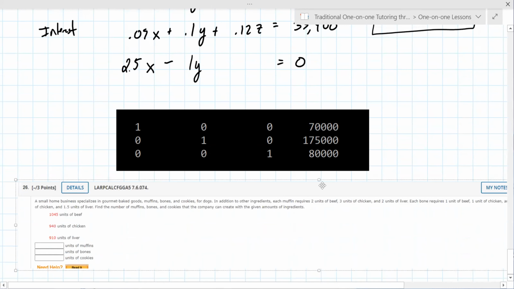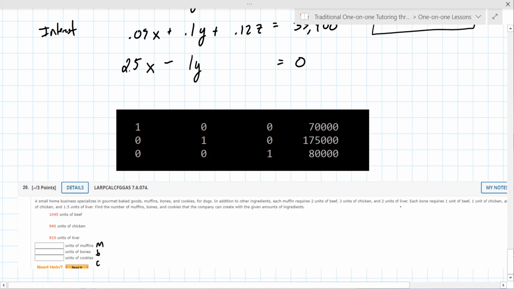All right. So let's see here. We'll use muffins, bones, and cookies, MBC, for variables. And they're giving you the units of something. So it's probably going to be something equals beef, something equals chicken, something equals liver. So each muffin requires 2 units of beef, 3 units of chicken, and 2 units of liver.